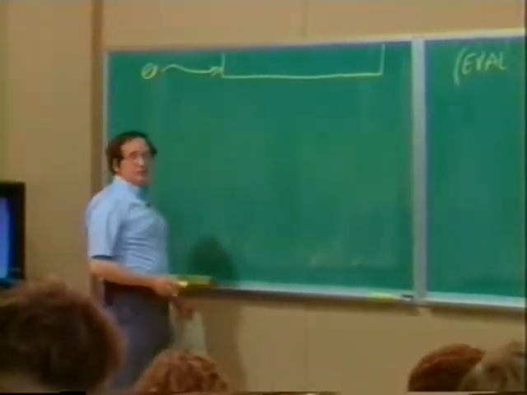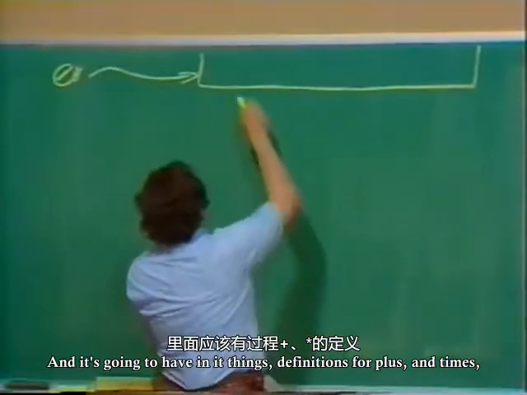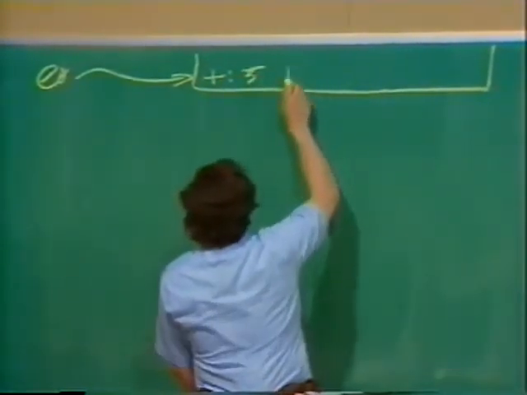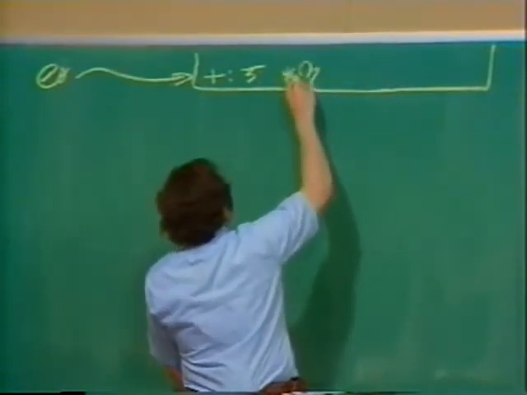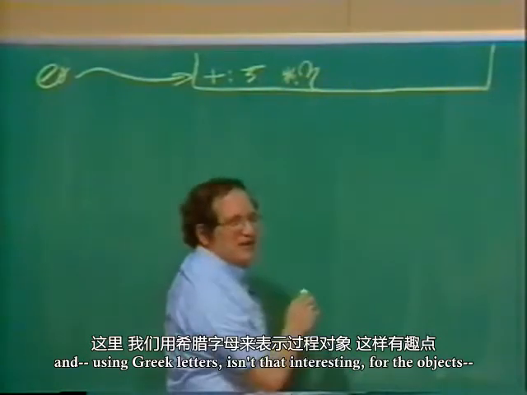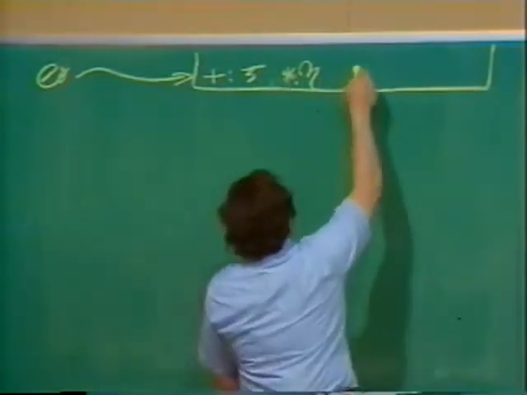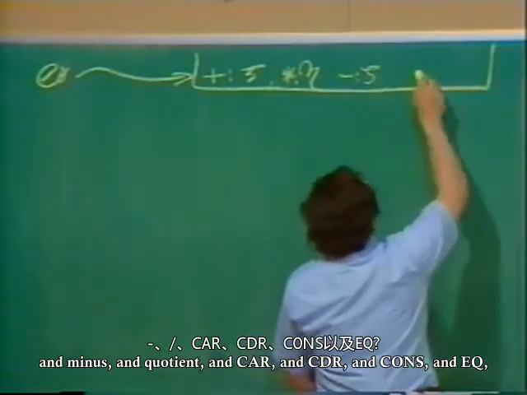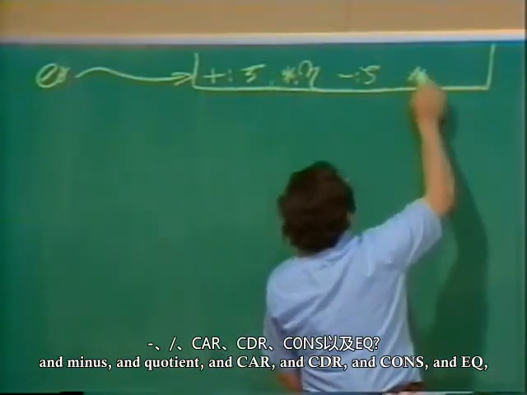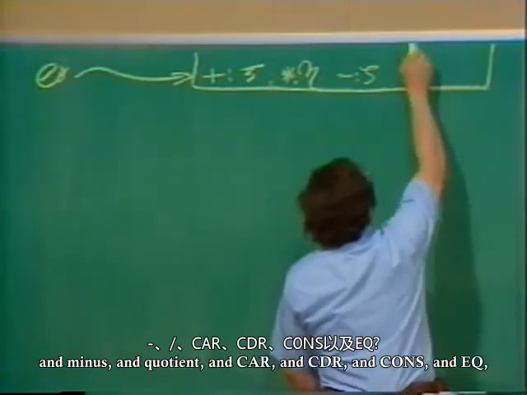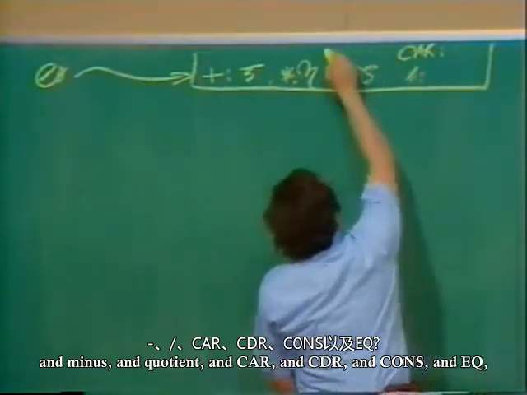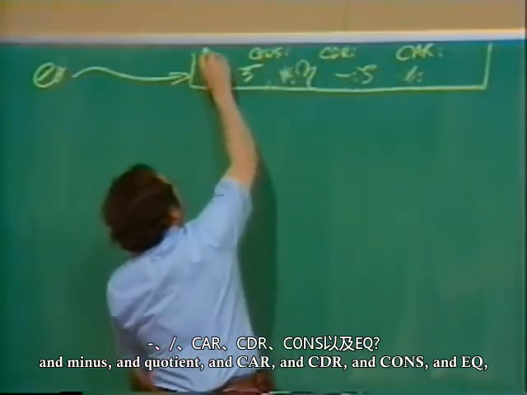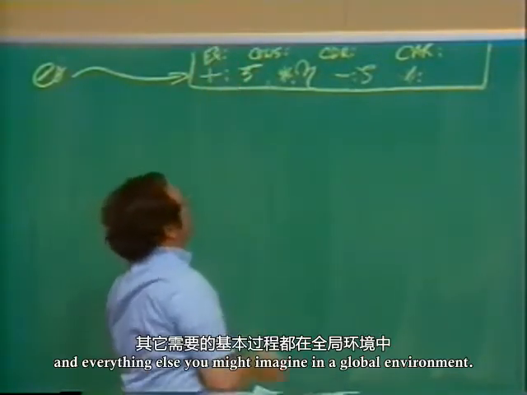Which is that, and it's going to have in it definitions for plus and times, and I'm using Greek letters, isn't that interesting, for the objects, and minus and quotient and car and cdr and cons, and EQ, and everything else you might imagine in a global environment.